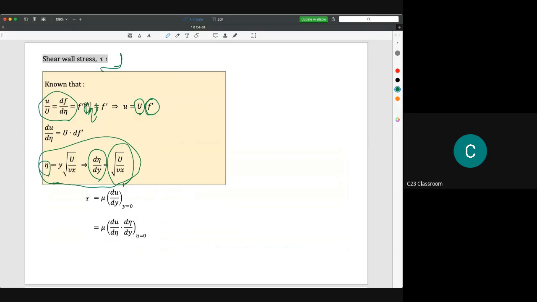And then we have the Newton law of viscosity. Tau is equal to mu du dy at y equal to 0. To simplify the value of du here, we write it as du d eta times d eta dy, and eta is still equal to 0.